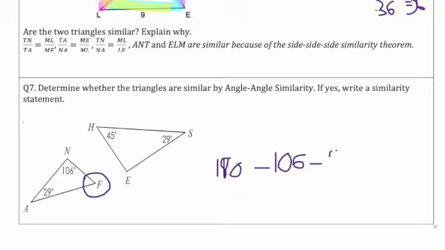And we're also minusing 29, or you can do 106 plus 29 and then subtract that from 180. 180 minus 106 minus 29. All right, and so we're left with 45 here, and that's what we have there. We have 45 plus 29, and this must be 106.